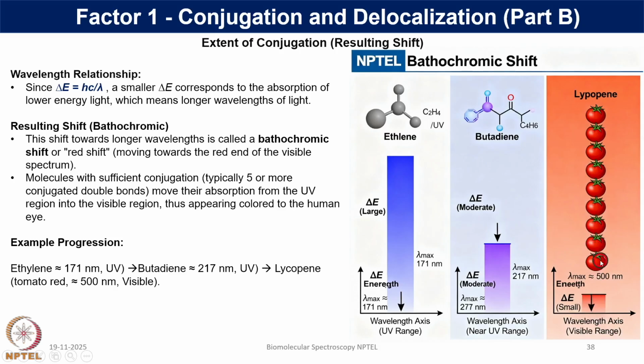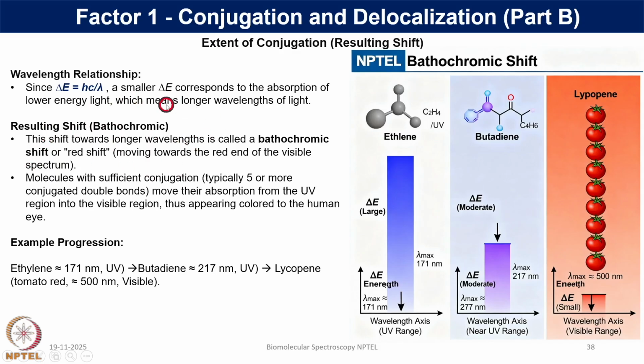So, all those which have a delta E less absorb at a higher wavelength, and all those which have delta E more absorb at a lower wavelength like blue, and this absorbs at a higher wavelength, that is red, right. So, this is something called a shift, which is called bathochromic shift.